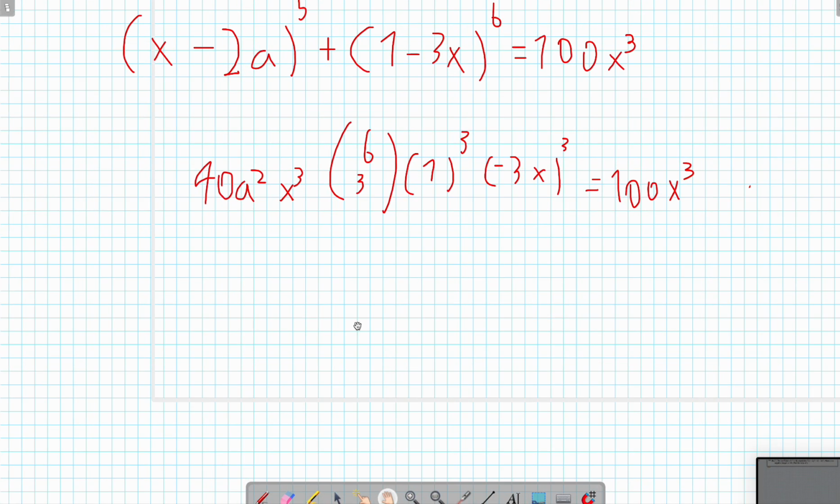So 6c3 is 20 times negative 27 because of negative 3x cubed, so negative 540x cubed.